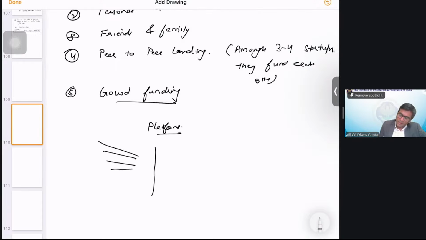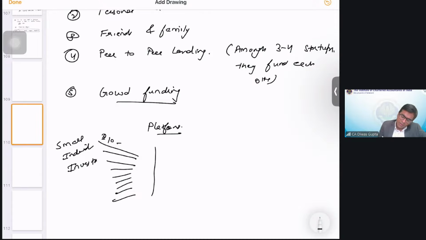On these platforms, small individuals will be registered as investors, right? Who can invest, let's say, a minimum of 10 rupees to, let's say, 10,000 to 10 lakhs, right? So there is no minimum amount. You can go as low as a very small amount, and there are n number of platforms.